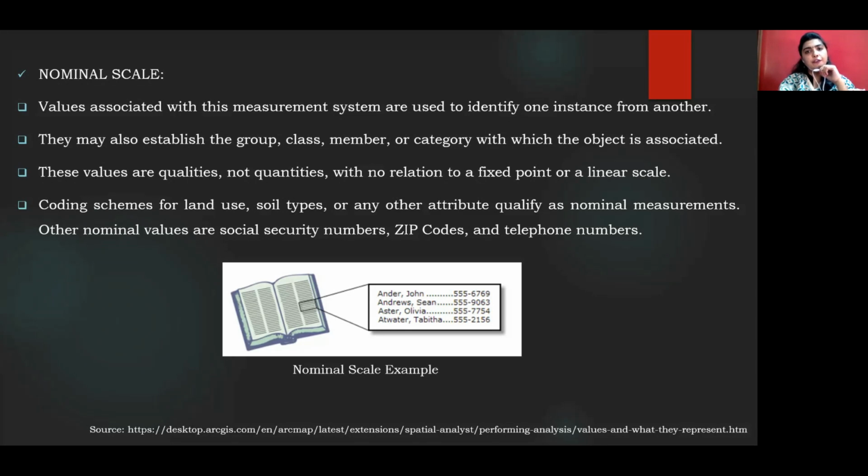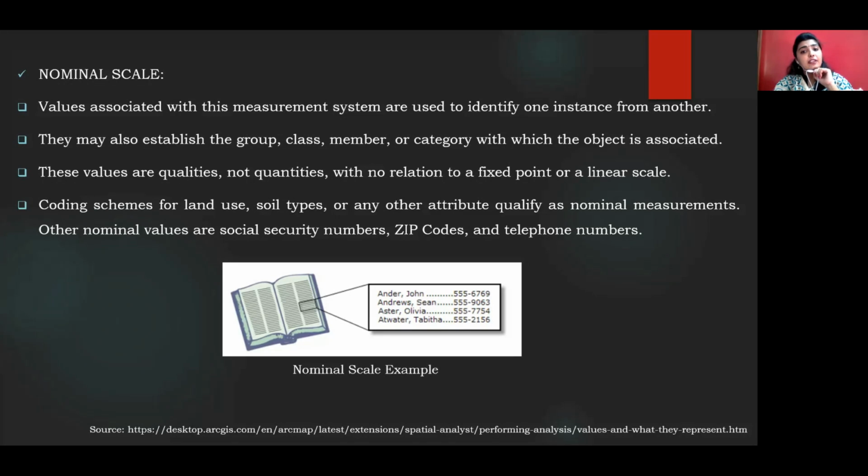A group of people together, B group of people together, C group of people together, that kind of grouping can be done in nominal scale. These values are qualities and not quantities. They have no relation to a fixed point or a linear scale.